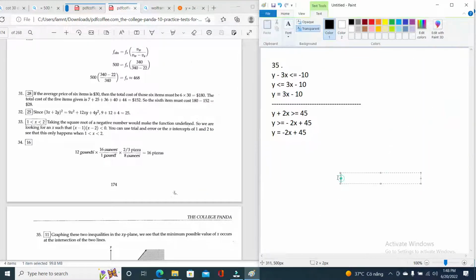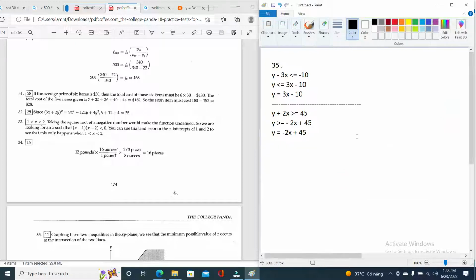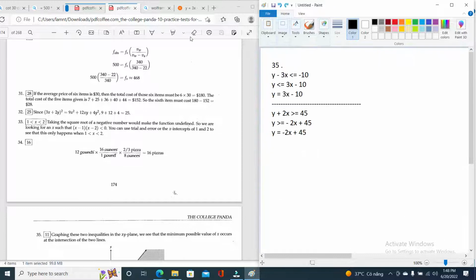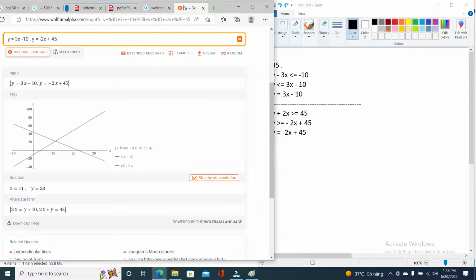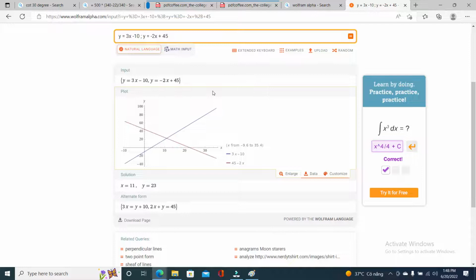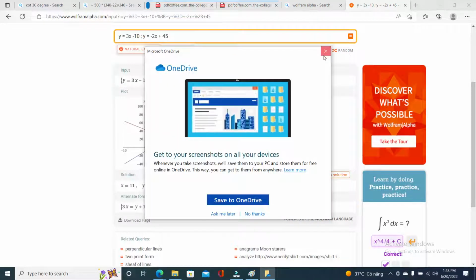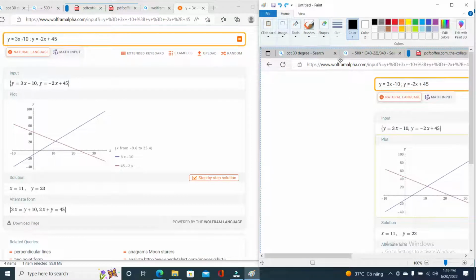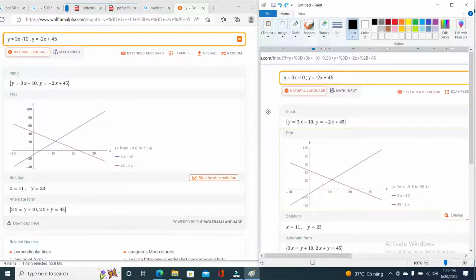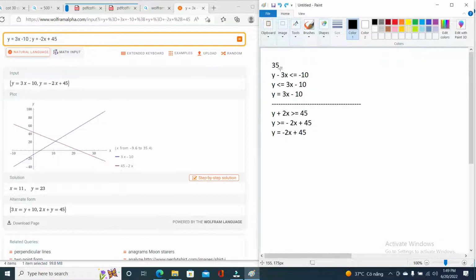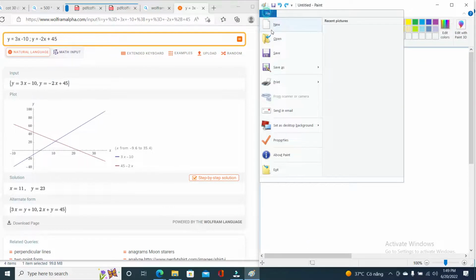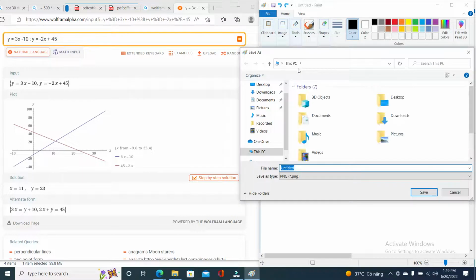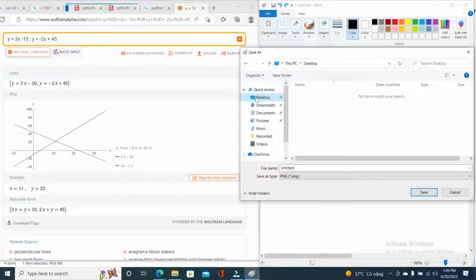Let's crop it in. I'll save this one so we can reuse it.